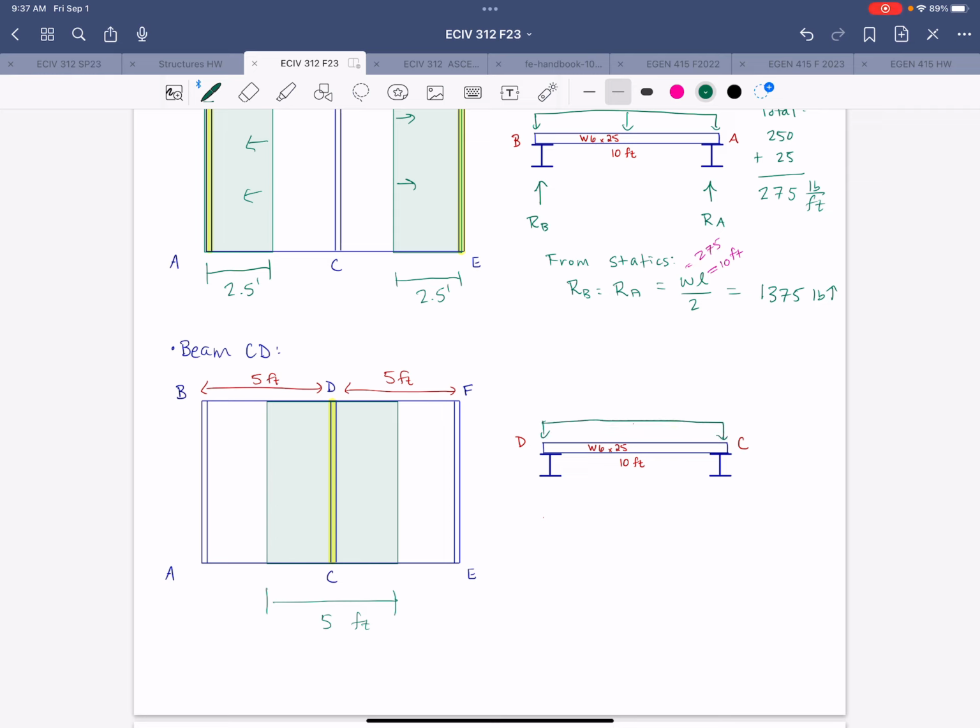We expect a line load, and so we take 100 times 5, which gives us 500. And then we add to that 25. So we get a total load of 525 pounds per foot, and that includes our self-weight.